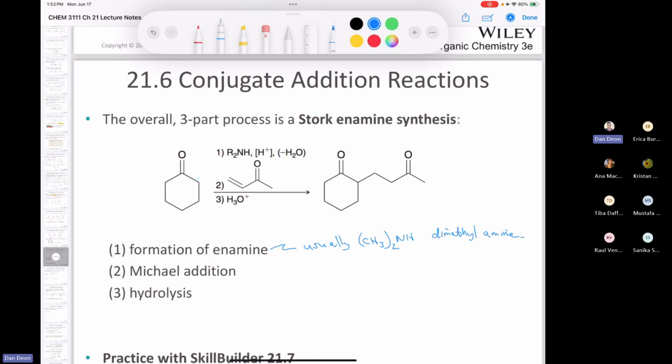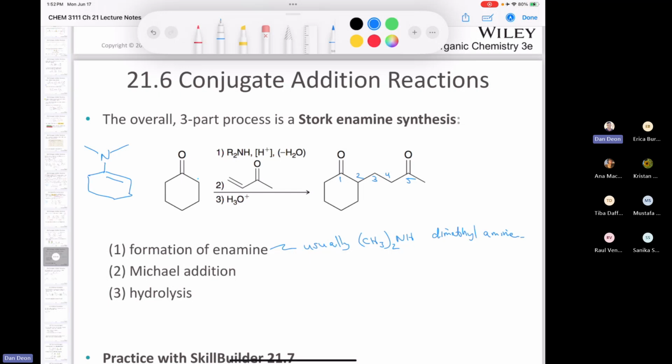Then once you form the enamine, you can get some practice drawing your enamine, which would look like that. Then you do the Michael addition. Then you do the hydrolysis, and you end up with your 1,5-dicarbonyl compound like that. Again, to have the foresight to do this is pretty cool. It's a pretty remarkable thing.